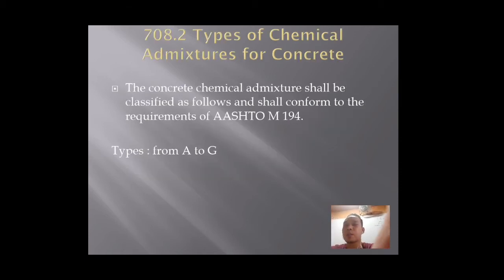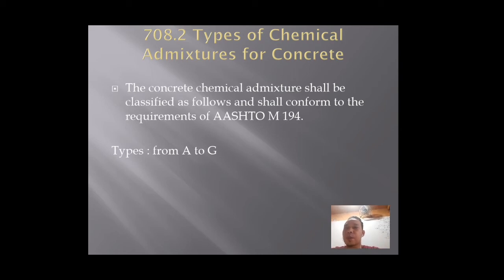In sub-item 708.2, types of chemical admixture for concrete. The concrete chemical admixture shall be classified as follows and shall conform to the requirements of AASHTO M194.